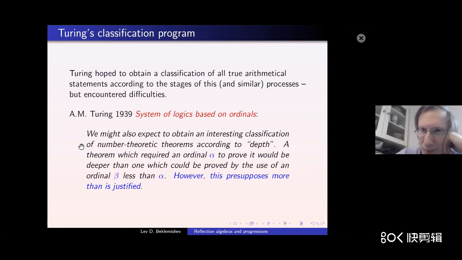But basically, here he very explicitly formulates his intention. He really wanted to obtain a certain classification and measure logical theorems, arithmetical theorems, number theoretic theorems, according to how far they are from, let's say, Peano arithmetic in this process, something like that. Now, why does this presuppose more than is justified? This is due to the very serious difficulties that Turing encountered.